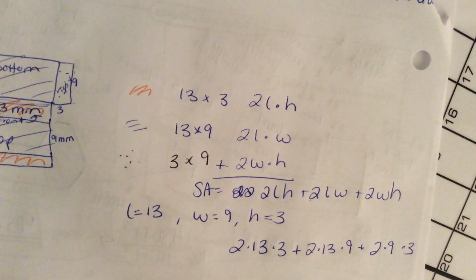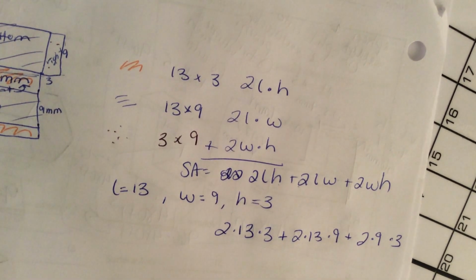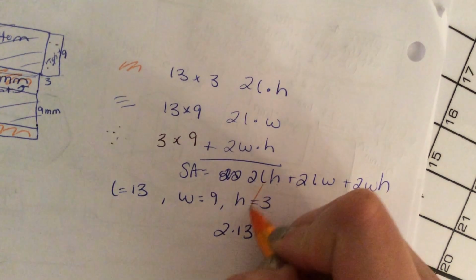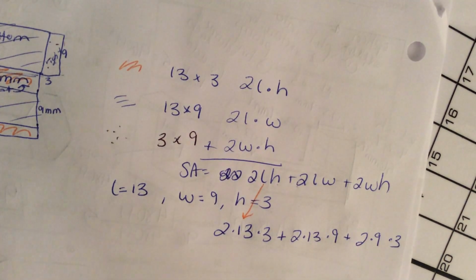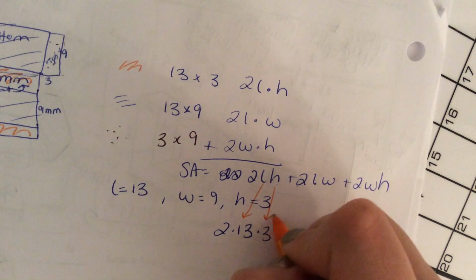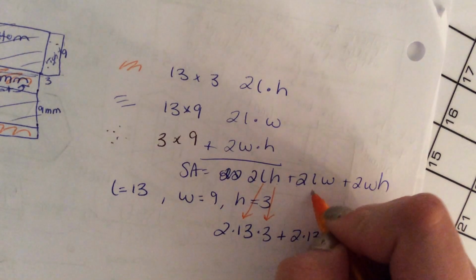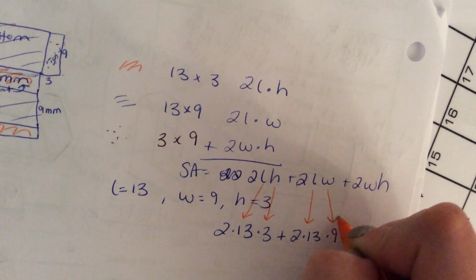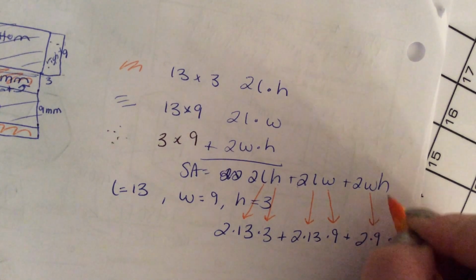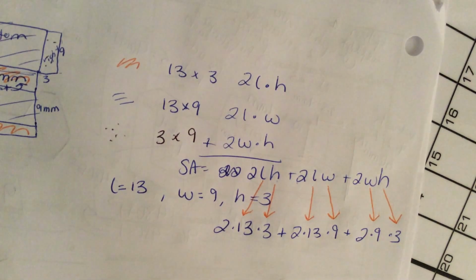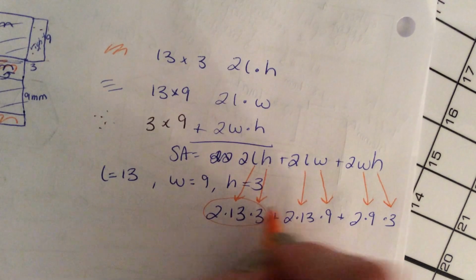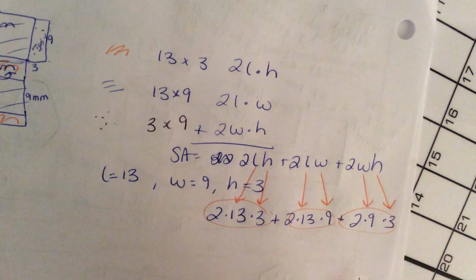height's 3. Okay, so all I'm doing is plugging in: length is 13, height is 3. Length is 13, width is 9. Width is 9, height is 3. Okay, then you multiply the pieces. That's order of operations.